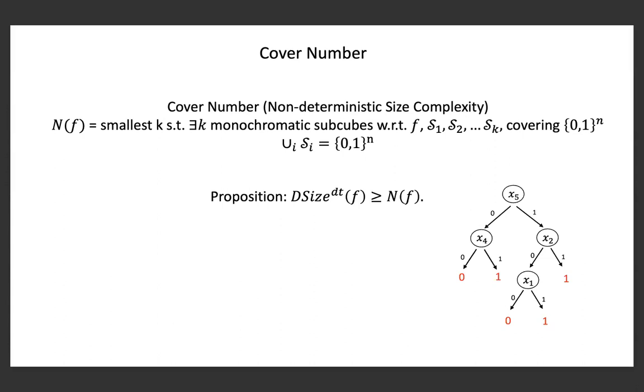Because given any decision tree which computes a function, all the inputs which reach a leaf node form a monochromatic subcube. So the subcubes corresponding to these leaf nodes give a partitioning of the whole space. That's why the cover number is upper bounded by the deterministic size.